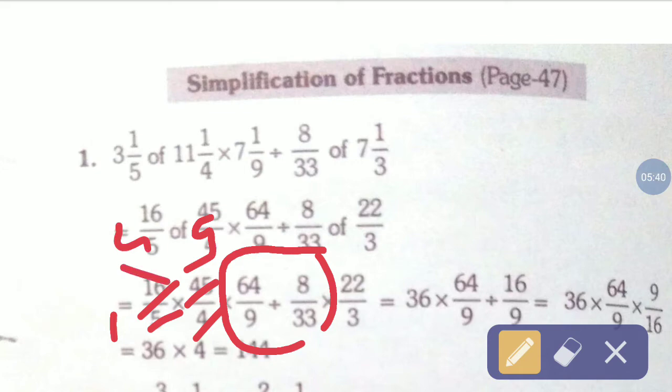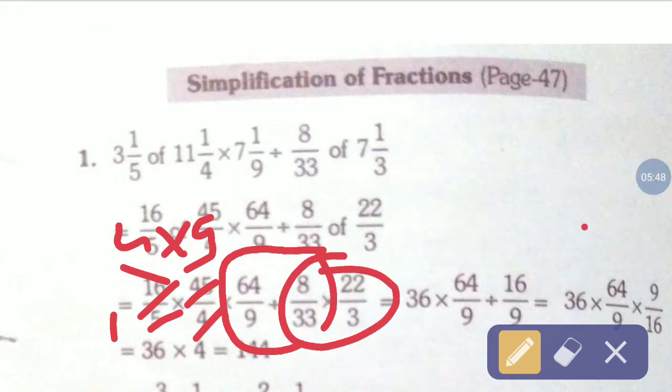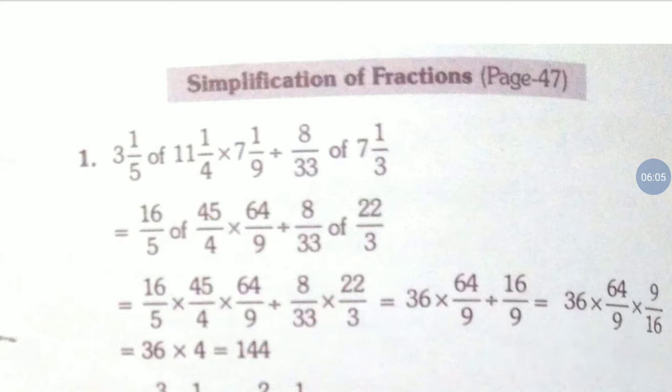So you will be having 4 multiplied by 9, 36. And here 33 means here it will be 2, 11 twos are 22 and 11 threes are 33, 8 twos are 16 and 3 threes are 9. Here we get these terms.